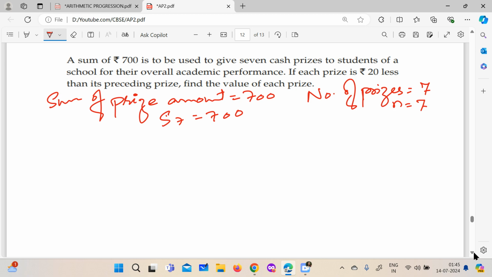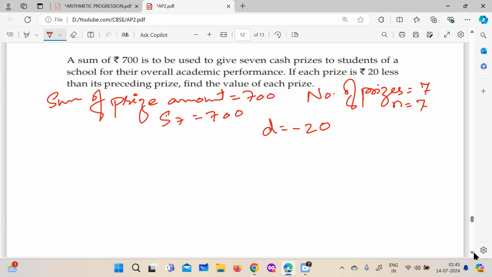I hope this is clear. And then it says that each prize is rupees 20 less than its preceding prize. So every time the prize amount is reducing by 20, so your d will be minus 20.